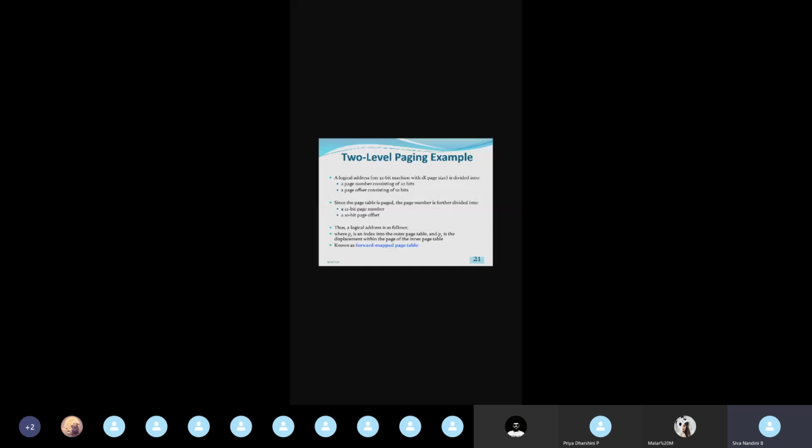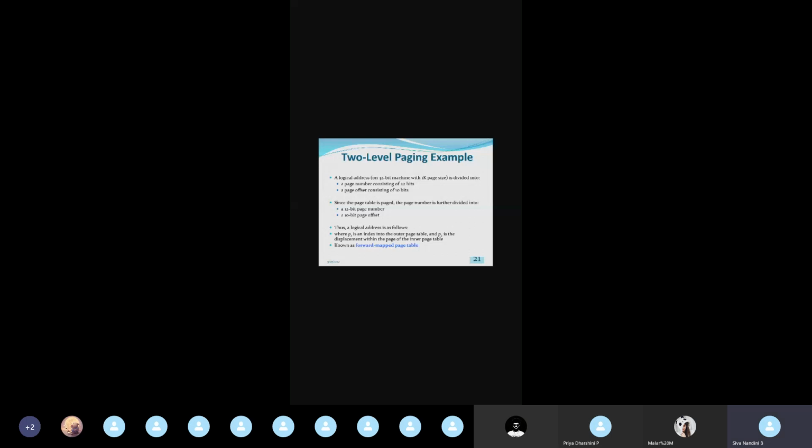In the 32-bit logical address space, we can have a 12-bit page number and 10-bit offset. If we do not use two-level paging, then in these 32 bits the page number would be 22 bits, with 10 bits for the offset. So for the page number, 22 bits means 2 power 22 memory space will be utilized for this page table.